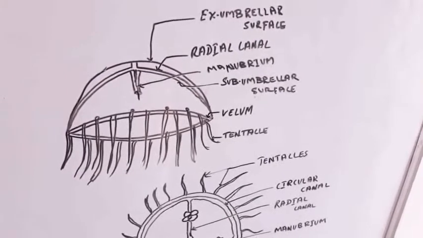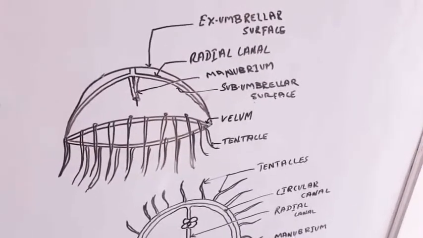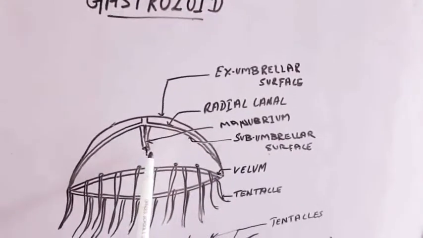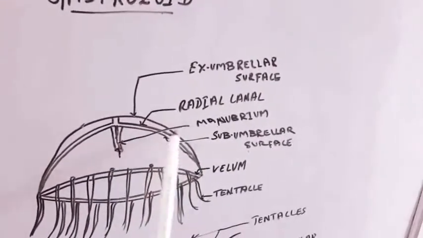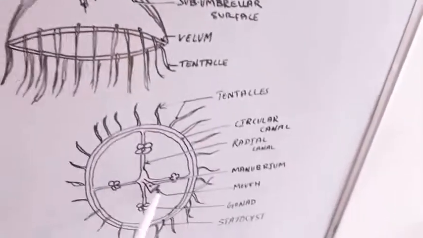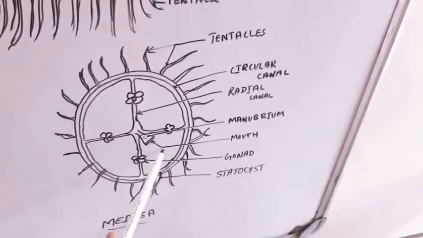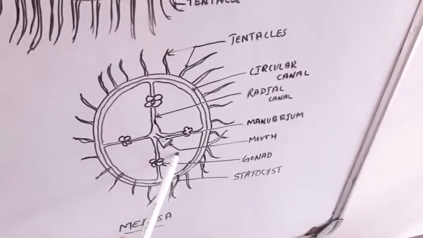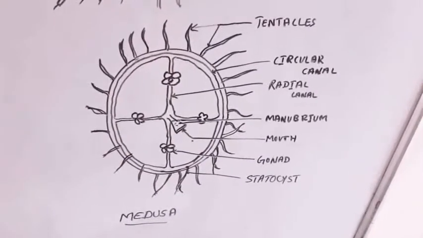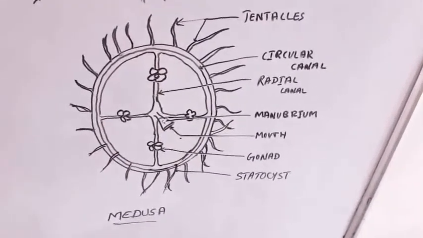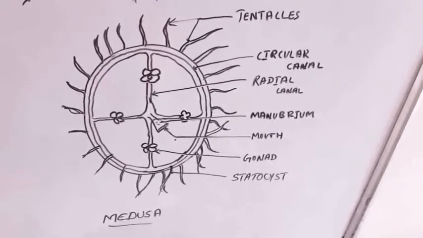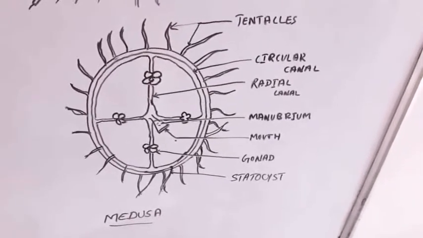The hypostome or manubrium arises from the center of the subumbrellar surface. You can see here the manubrium, and here the mouth. The mouth is surrounded by 4 oral lobes, and leads into a gastric cavity in the manubrium.